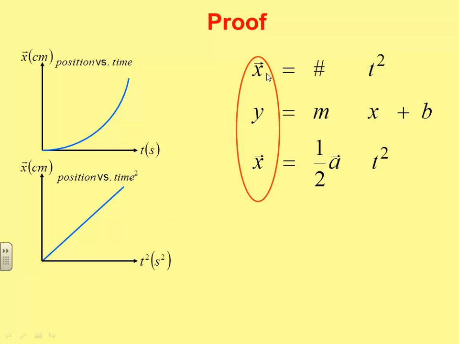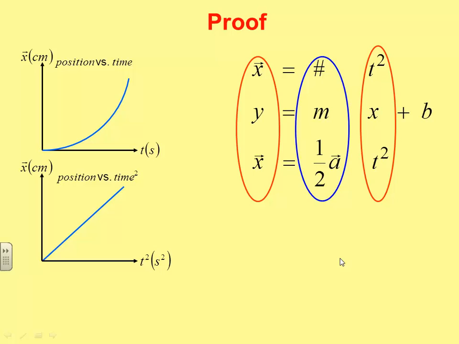In both cases, experimentally and theoretically, the y is the position. Look at the x variable. In both cases, it's time squared. Look at the y-intercept. In both cases, it's 0. So that means that both experimentally and theoretically, the slope of the graph must be 1/2 of the acceleration.